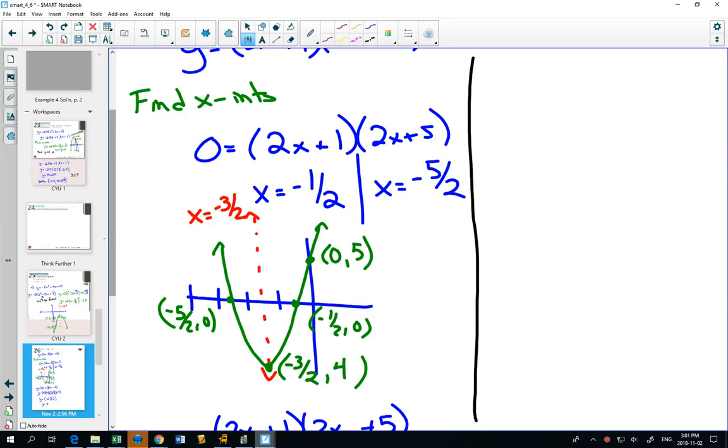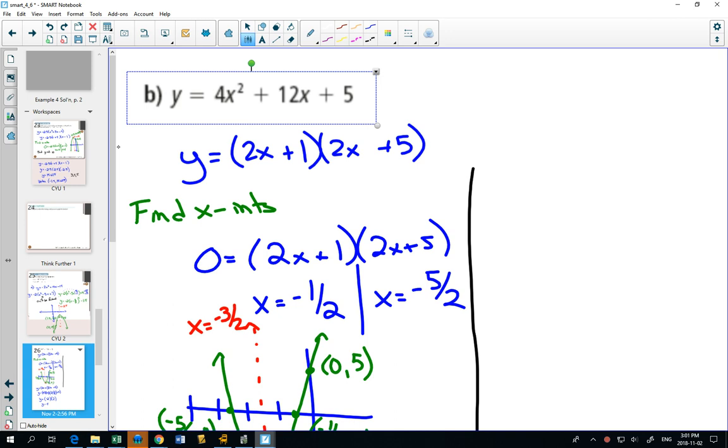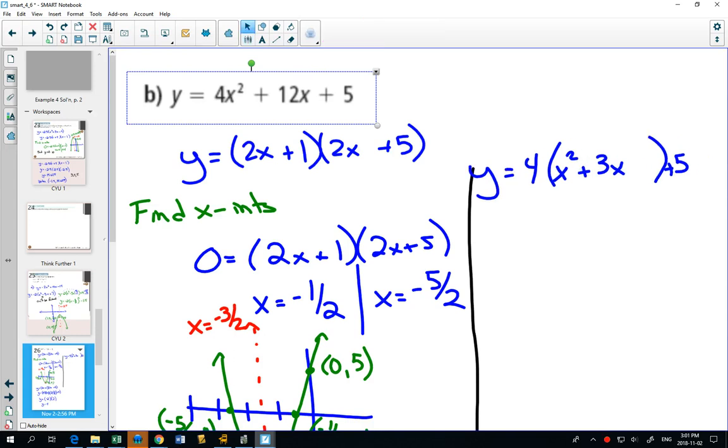If we split our page here and did completing the square, for completing the square, you would factor the 4 out of the first two terms, which would give you x squared plus 3x, and we'd still have plus 5. Again, leave a space here and leave a space there.